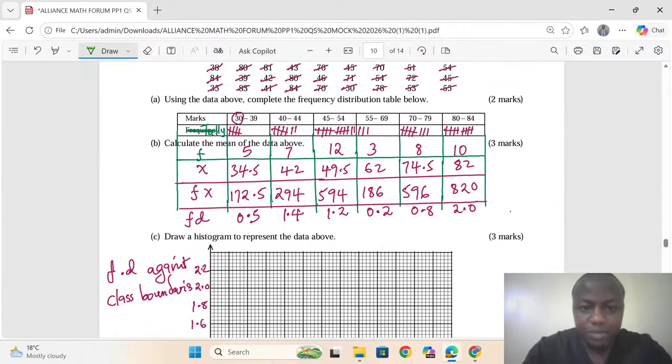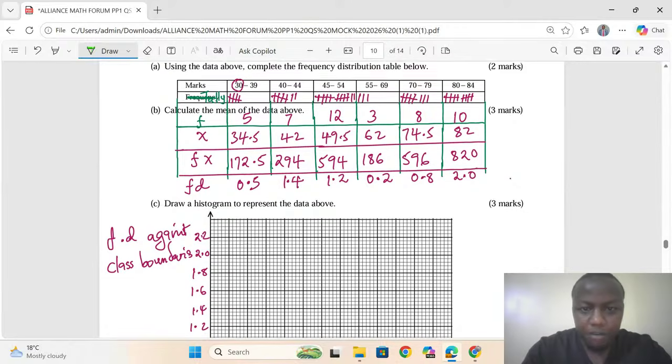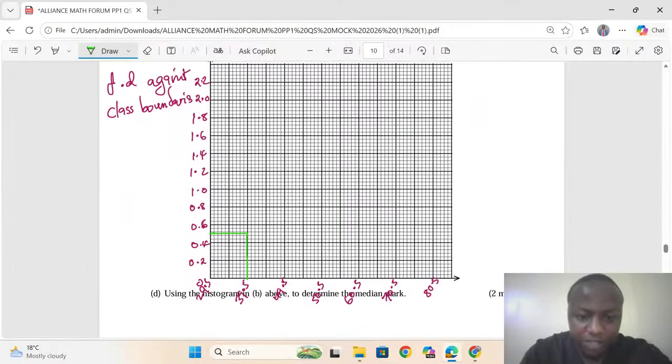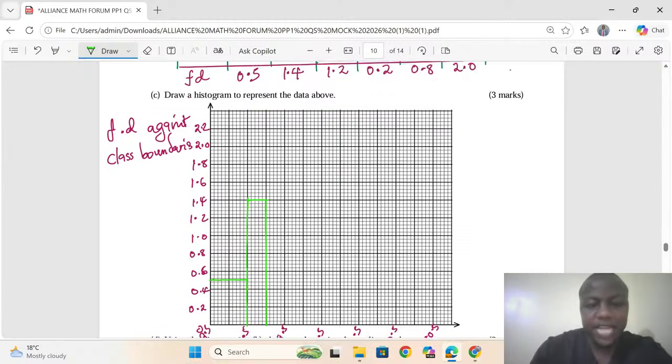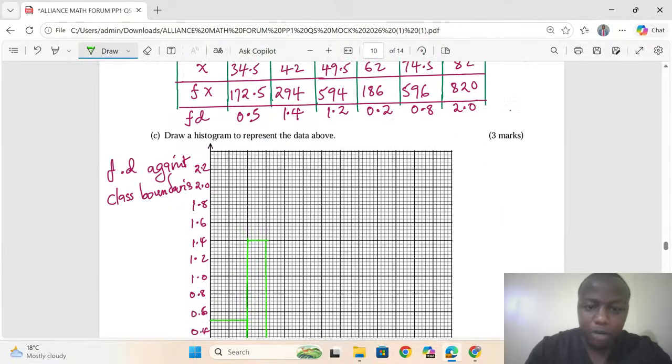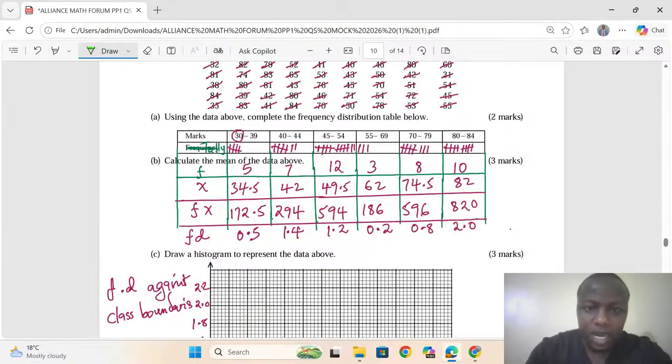The next should be up to 44.5, height 1.4, up to this point. The next is supposed to be height 1.2 up to 54.5.